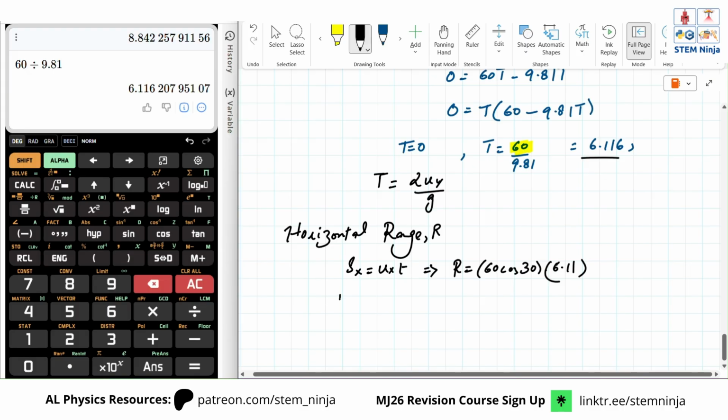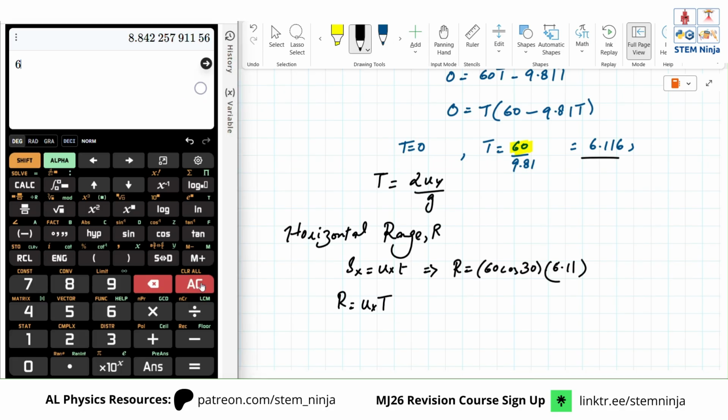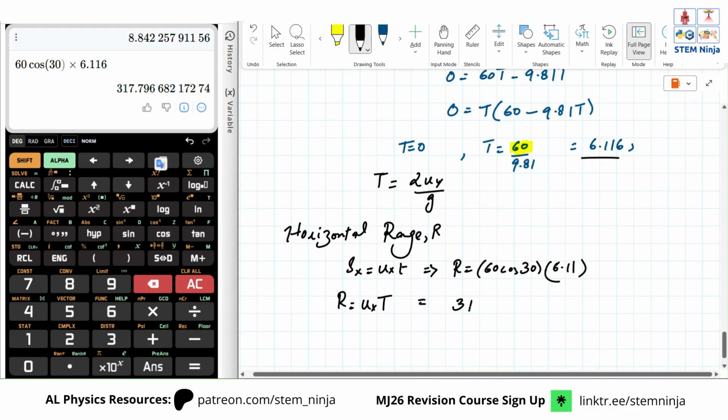So what formula we used? R equals ux t. So 60 cos 30 times 6.116, we get 318 meters.